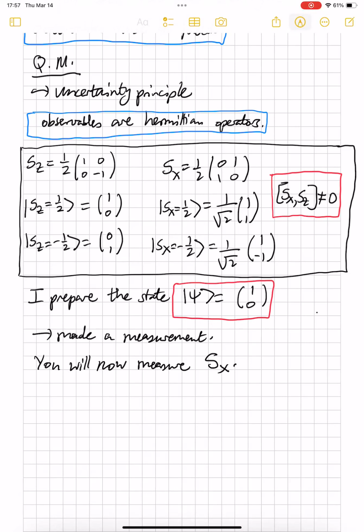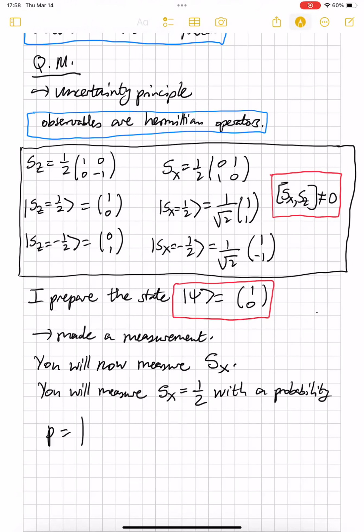So first thing we can say is you will measure the x component of spin to be plus 1/2 with a probability P equal to the mod squared of the overlap of Sx equal to 1/2 with psi.